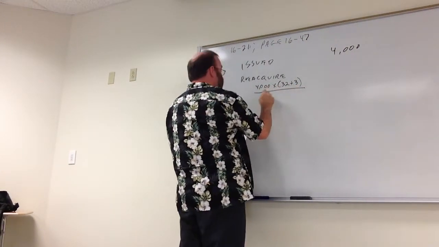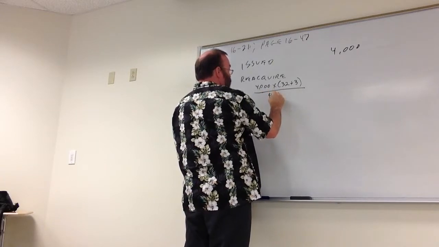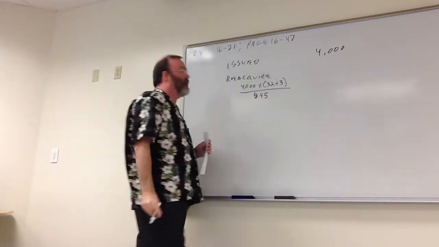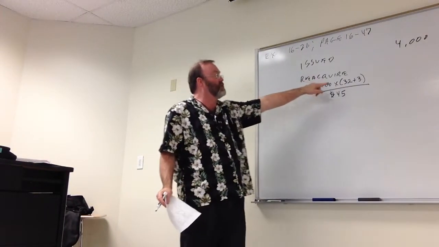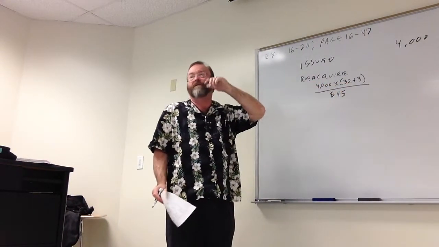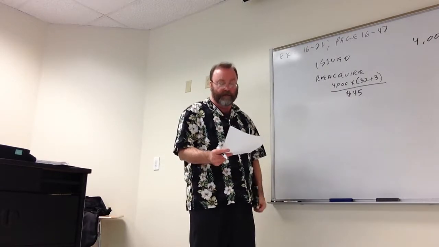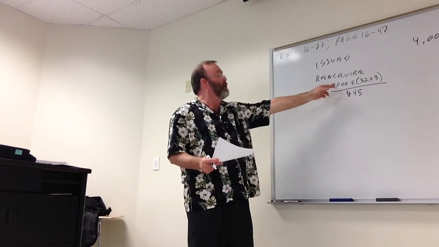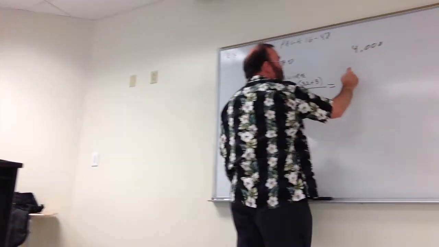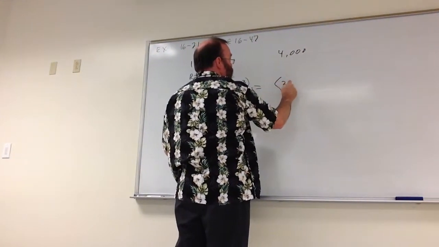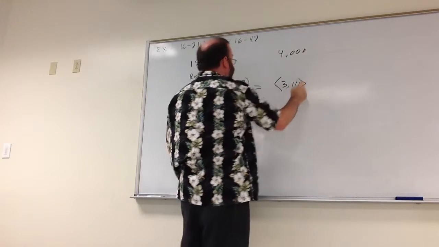And the average price, if we were to go out into the marketplace, take the proceeds here. So 4,000 times 35 is whatever. And then divided by the 45, we can buy back treasury stock of 3,111.